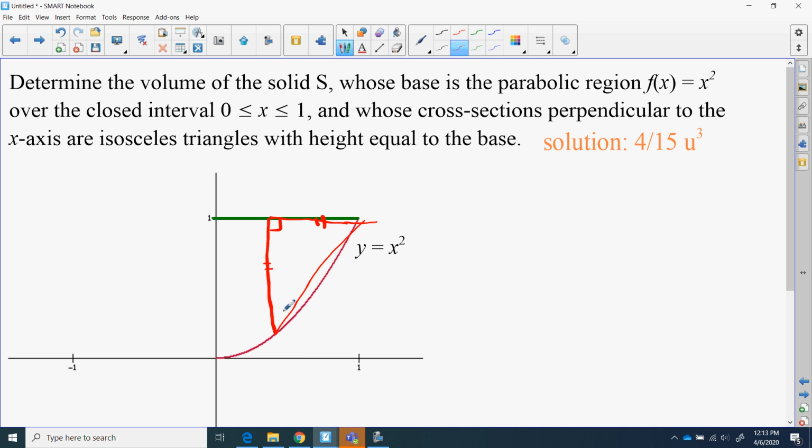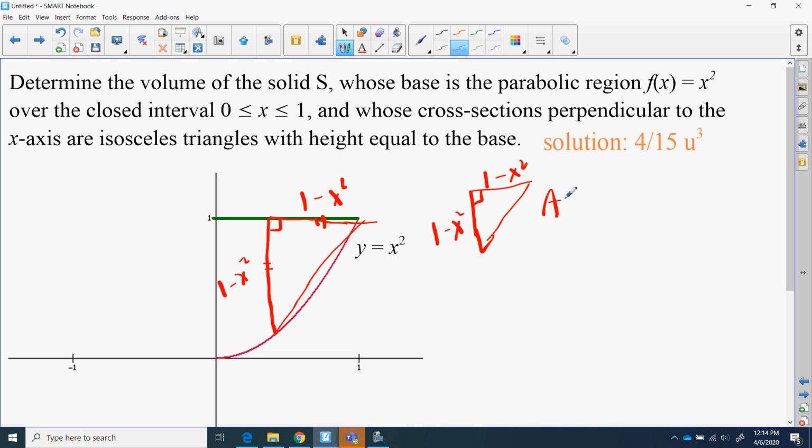The distance from here down to here, like in the last one, is going to be the upper, which is 1, minus the lower, the y value down here, which is x squared. So this length here is 1 minus x squared. This length up here is the same, so it's also 1 minus x squared. So you've basically got a triangle that looks like this, with legs 1 minus x squared and 1 minus x squared and a right angle here.